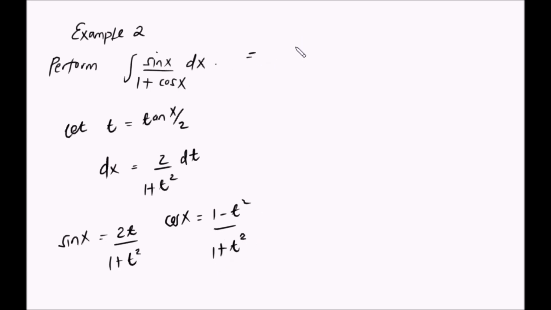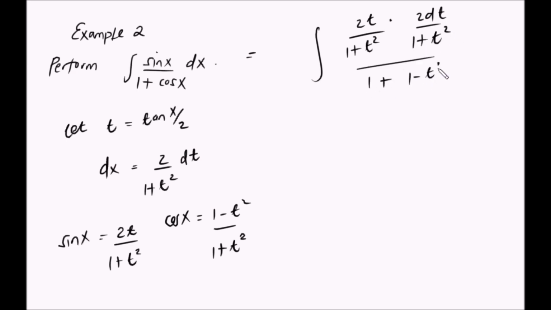So muda wa kupachika sasa. Muda wa kupachika kwenye sin x naweka hiyo 2t over 1 plus t squared. Kwenye dx naweka hiyo 2 dt over 1 plus t squared. And then huku chini tutakuwa tuna 1 plus cos x ni hiyo over 1 plus t squared. So huku chini I have to simplify it.